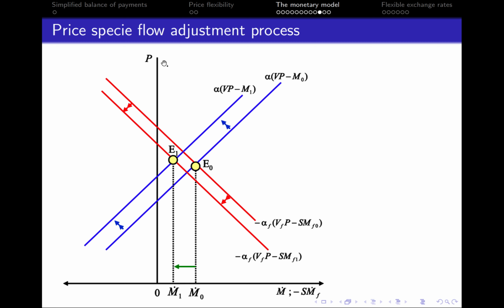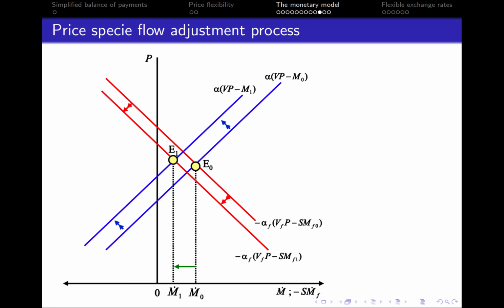So at some price level, that is some price level for which change in money supply in both foreign and home is going to be zero. So it's gonna stop changing. This is how we reach long-run equilibrium in the model.